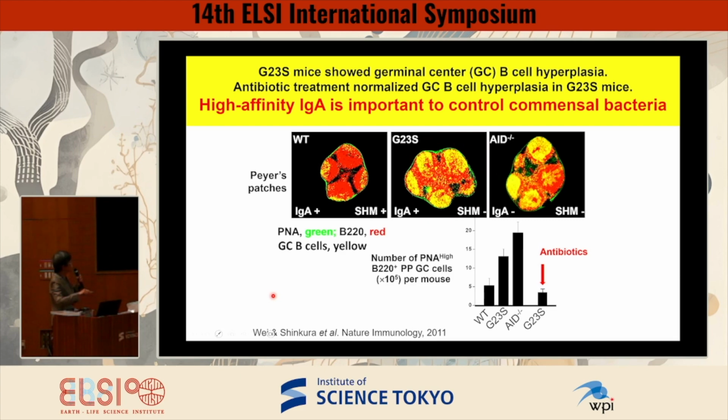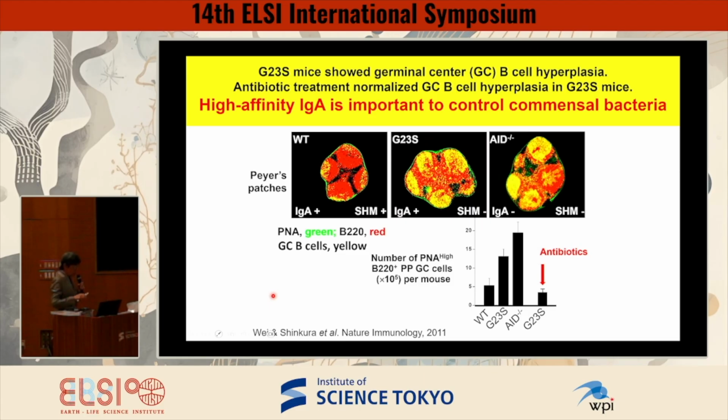In G23S and AID knockout mice these numbers increased, but after antibiotics treatment, it totally normalized to the wild-type level. From this result, we can say that the gut microbiota can probably activate the germinal center response unexpectedly.